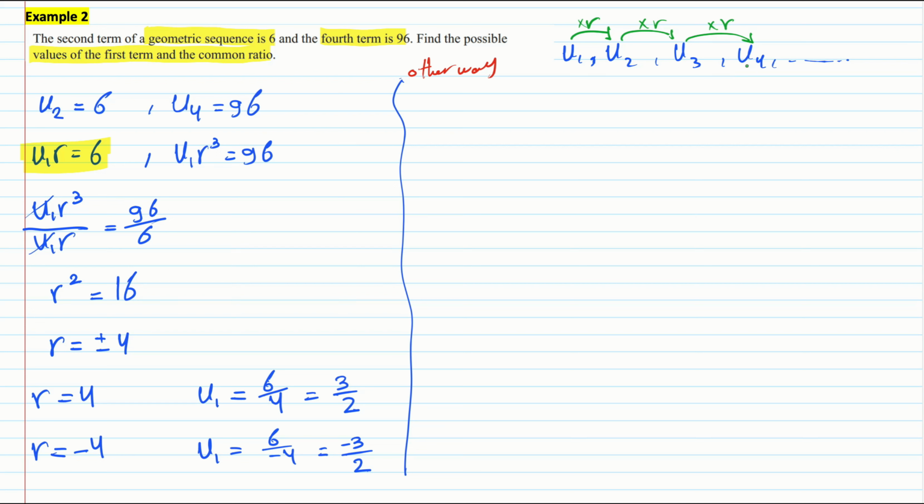So you get U4 by multiplying U2 by R by R. So U4 equals U2 times R squared.